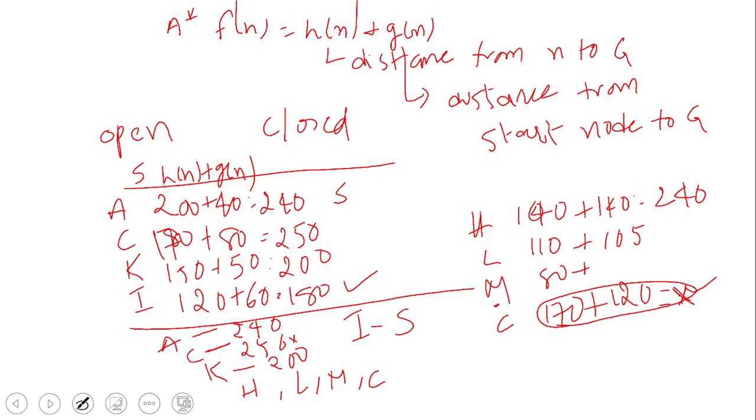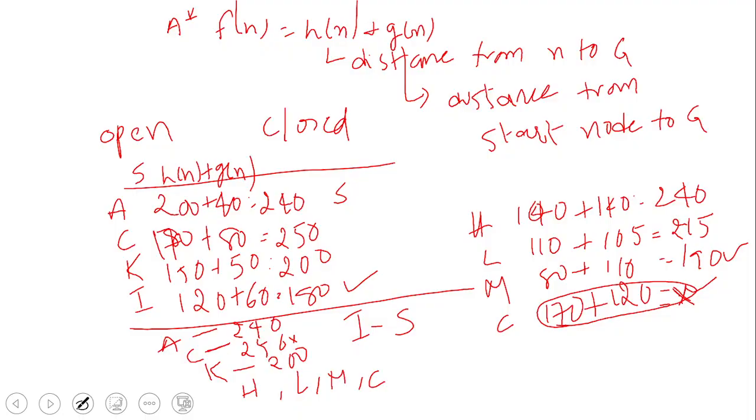So that is from S to I to M, that is 110. So for L it is 215 and for M it is 190. Okay. Now consider the least one. Which is having the least? M is having the least.